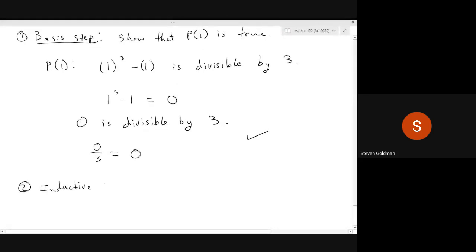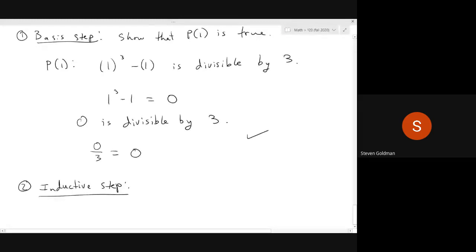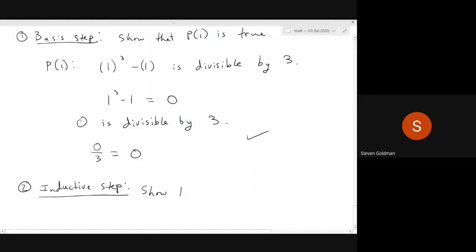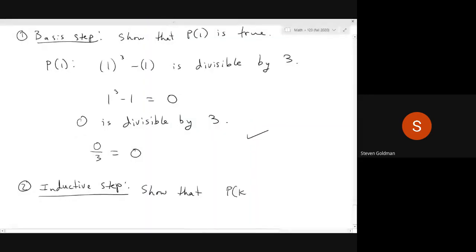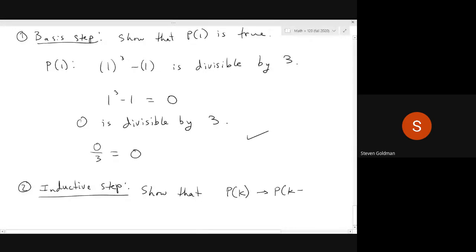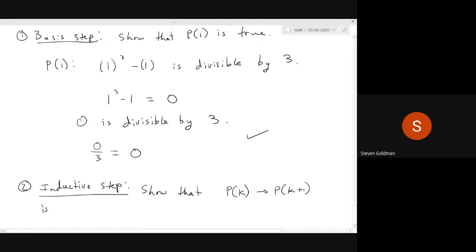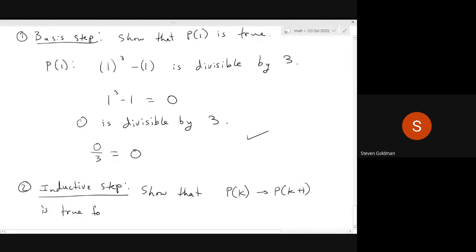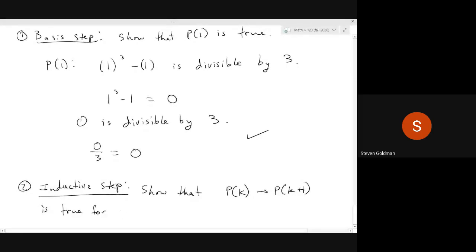We're going to now move on to the second step, the inductive step. In the inductive step, we need to show that if P of k, then P of k plus 1 is true for some positive integer k.